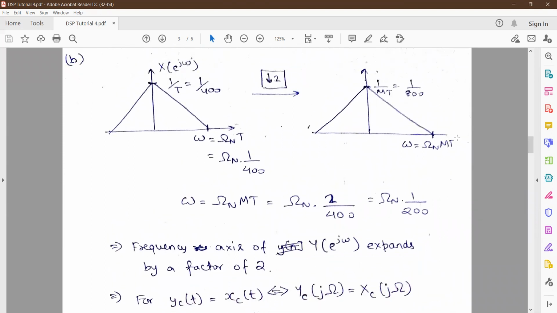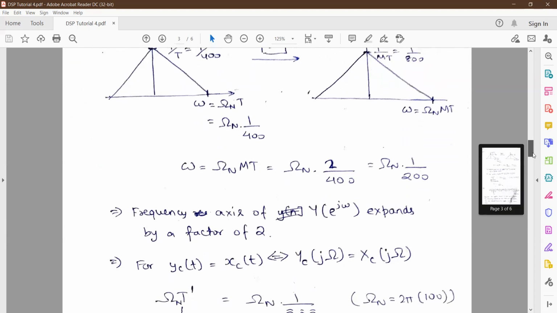One way to look at it is that this omega should be less than or equal to pi, so that there is no aliasing, right? If we look at the Nyquist rate, we simply know that omega should be less than pi in order to completely reconstruct, right?